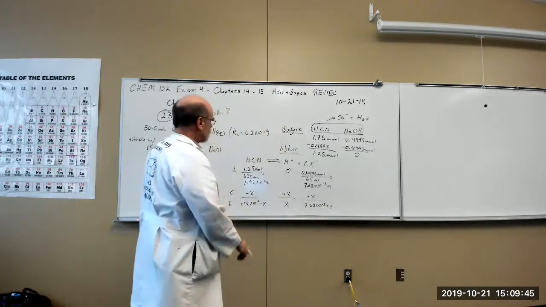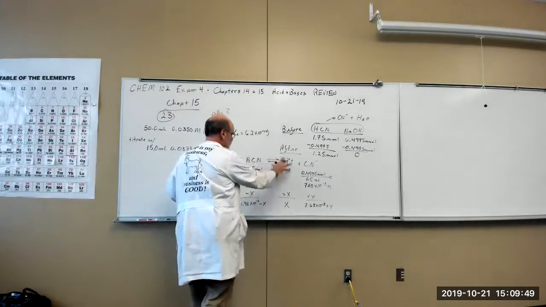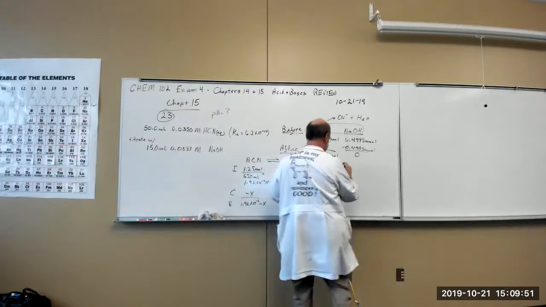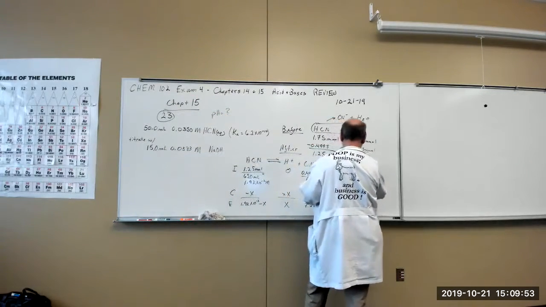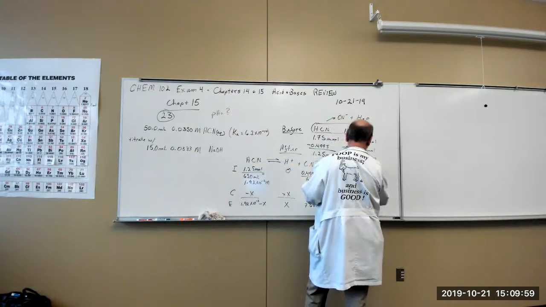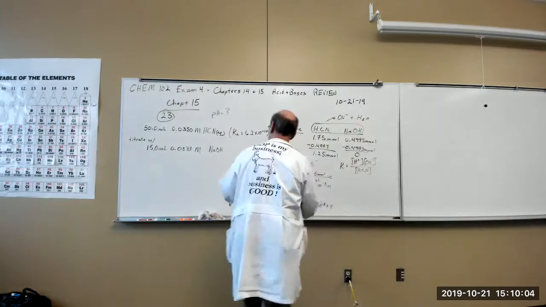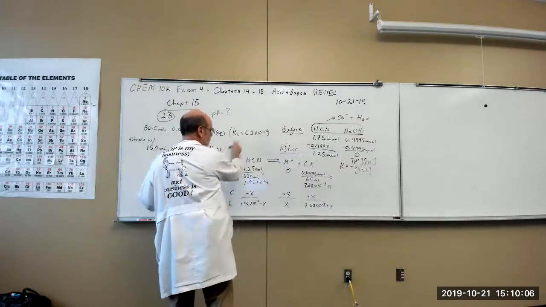Okay, so now what you have to do is go to this expression where K equals this one times this one divided by this one. Plug in your values. We have the K for that one here.